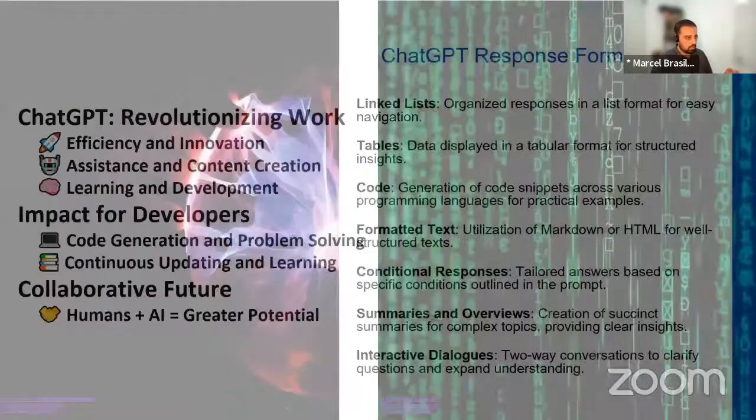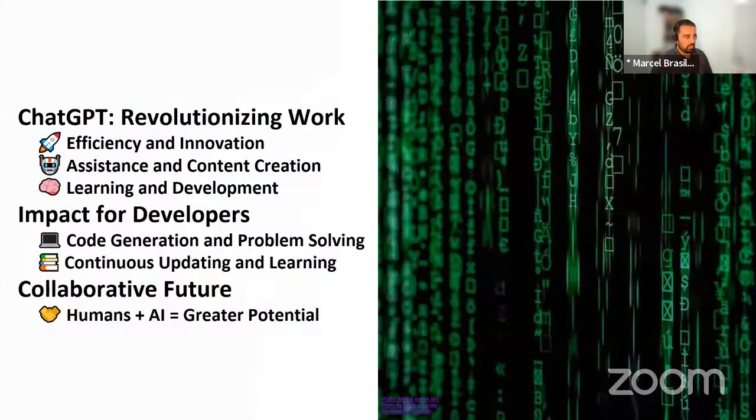And the conclusion is that ChatGPT comes to give us efficiency and innovation. It is an assistant that creates content and helps us when we are learning and developing. The impact for developers is that you can create code with ChatGPT and resolve problems, and it's easy to get updates and learn when you are using ChatGPT.